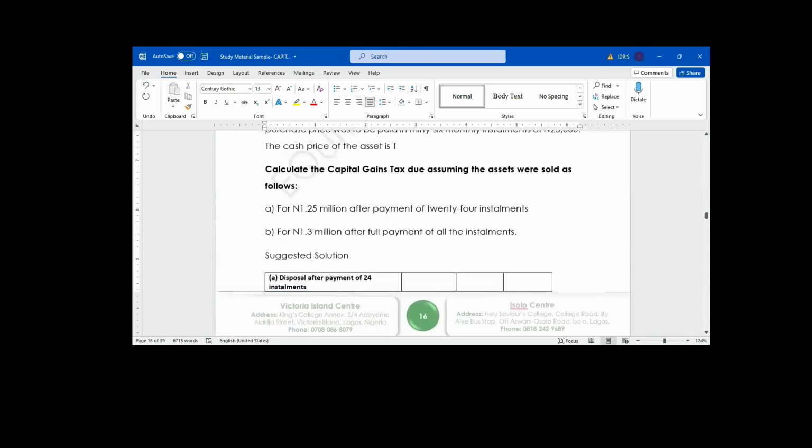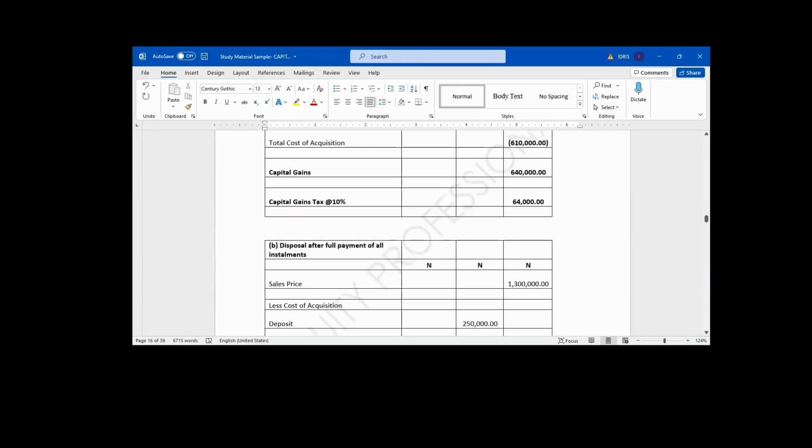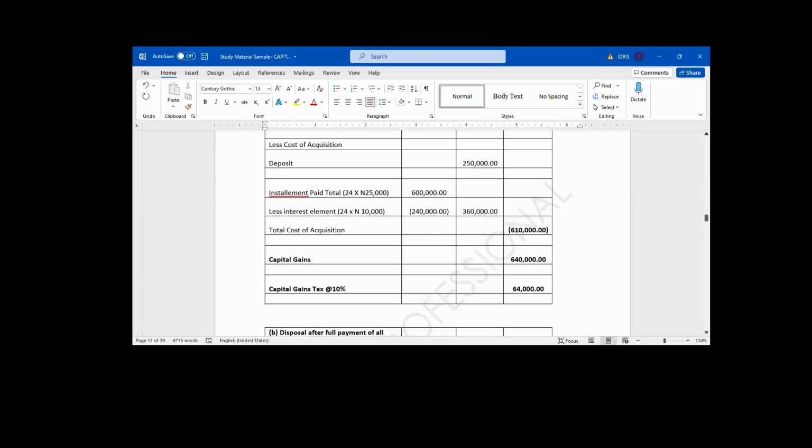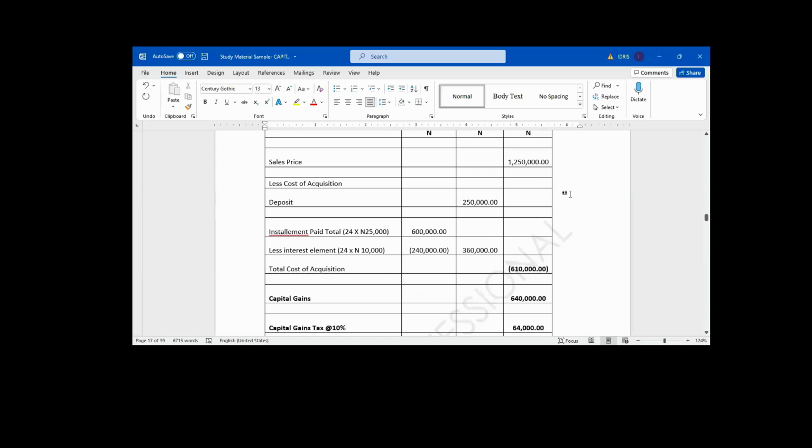He has paid a total cash of 610 so far for the 24 installments. The deposit he paid, that one is cash, plus the total cash installment of 24.